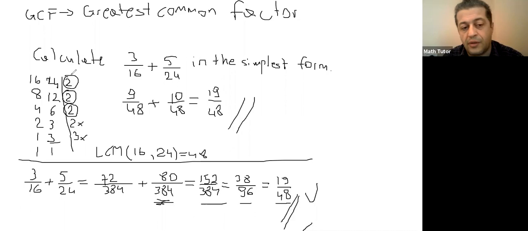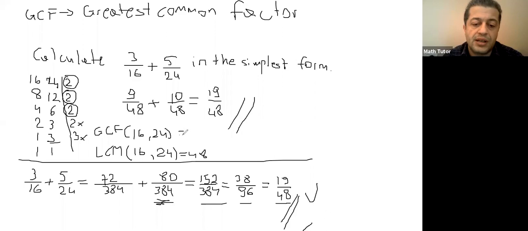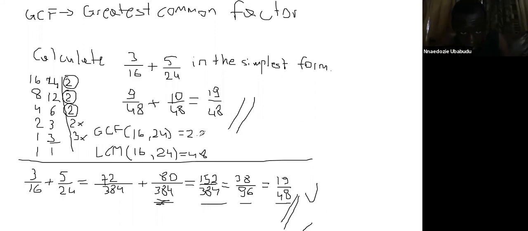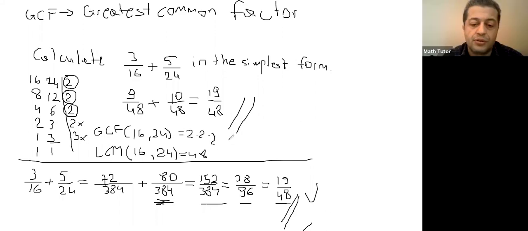So the greatest common factor is calculated only by multiplying these three common divisors. So the greatest common factor of 16 and 24 is equal to 2 times 2 times 2 equals 8.